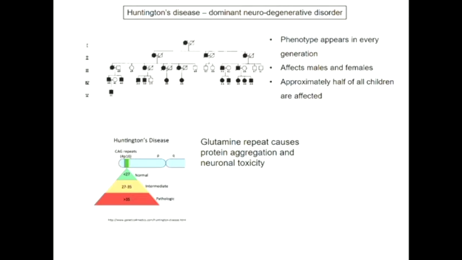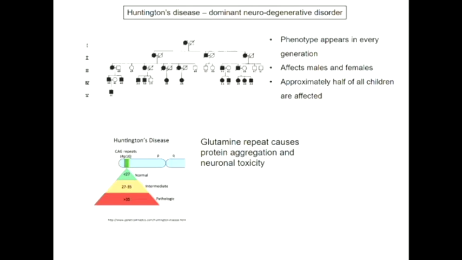An example of that is Huntington's disease. Huntington's disease is a devastating neurodegenerative disorder. It usually starts around midlife, and then it's a decline thereafter. This is a pedigree. Huntington's disease is what we call a genetically dominant disorder.